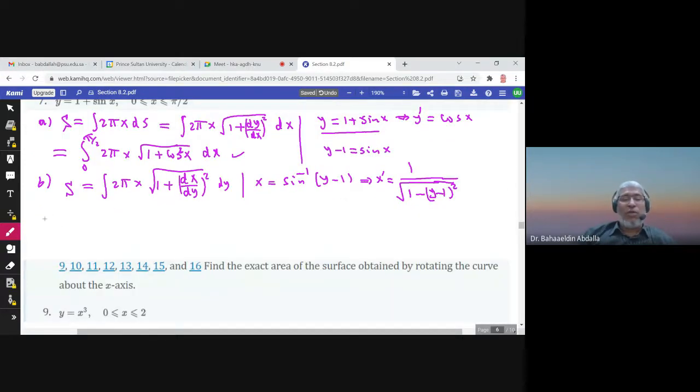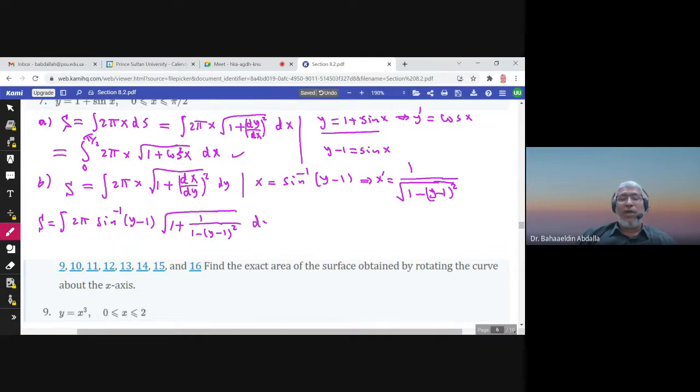So S would be equal to the integral of 2 pi. Also, this is x and this is y. So I have to write x in terms of y. So it's sine inverse of y minus 1 times the square root of 1 plus, and now the derivative is squared, so it's 1 over 1 minus y minus 1 squared.